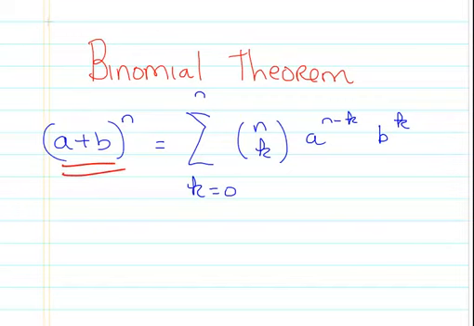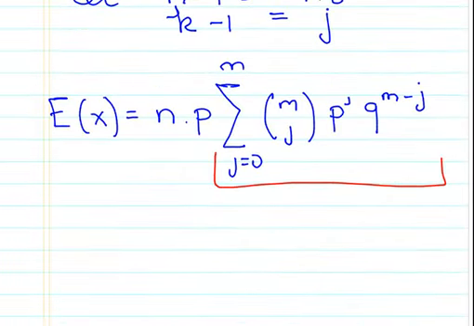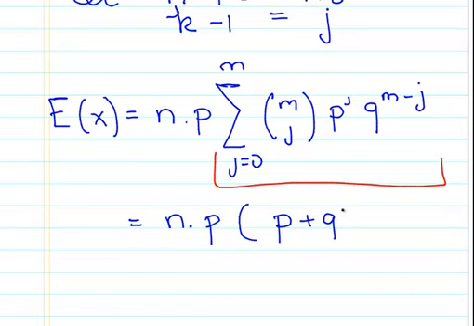We have it in that form here, so we can take this next step directly. So this all here is n times p times (p plus q) to the power of m. That's the binomial theorem there.